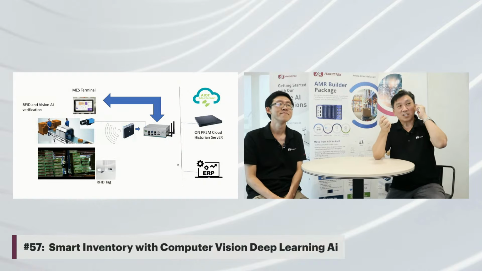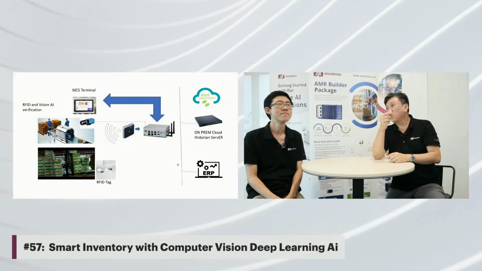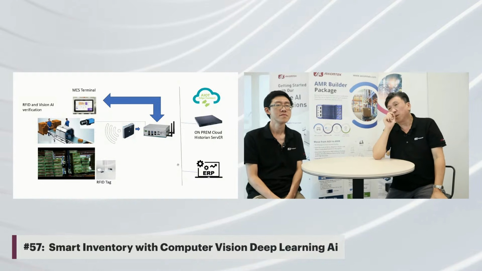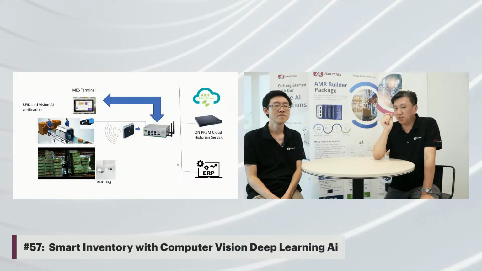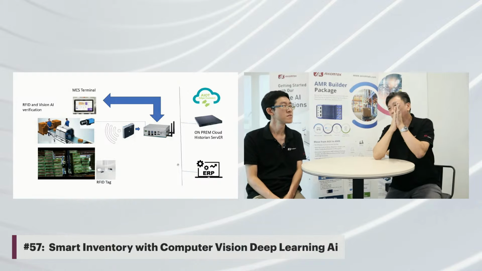The RFID in the picture is one of the very good ones, the RFID transceiver, because it is able to support metal tags. With RFID, the most challenging part is having an RFID that you want to stick onto metal.